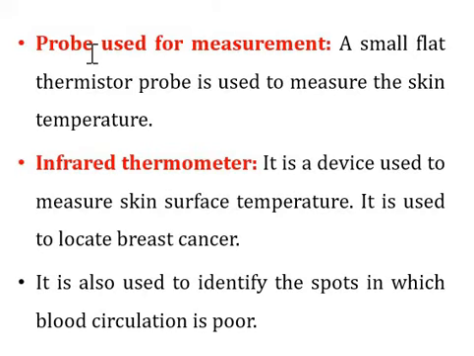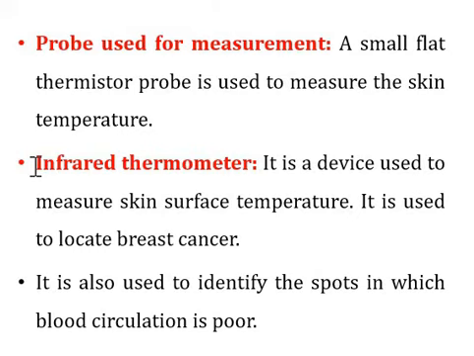As for the probe, a small flat thermistor type probe is preferred in the measurement of skin temperature. Now we are going to see the non-contact type. Nowadays it is very familiar due to COVID, and it employs an infrared thermometer.